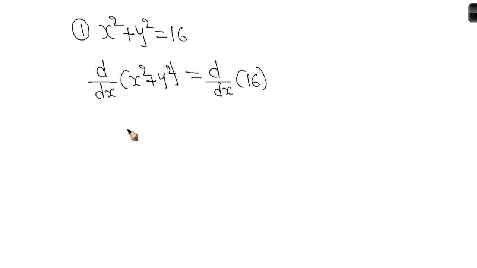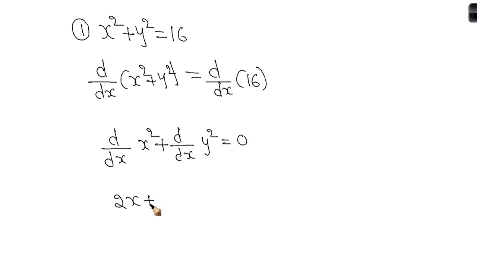d by dx of x square plus d by dx of y square. d by dx of 16 is 0. The derivative of x square is 2x and the derivative of y square is 2y into dy by dx, is equal to 0.